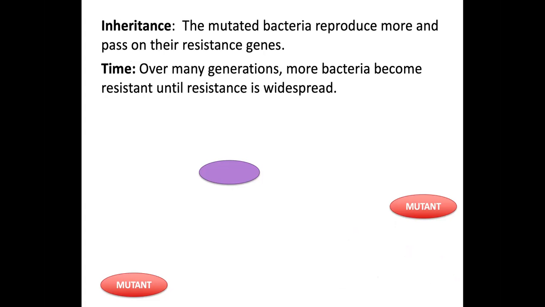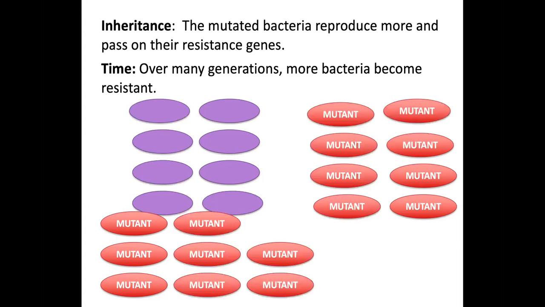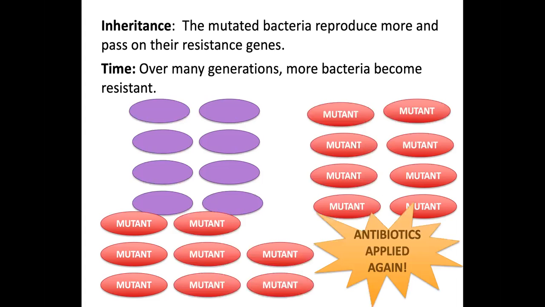So this regular bacteria is still going to do the same thing. It's still going to reproduce, okay? But these mutant bacteria, there's more, so we're eventually going to see what? More of the mutated bacteria, okay? So over time, we're doubling, okay? Now, we're going to apply an antibiotic again. What's going to happen?